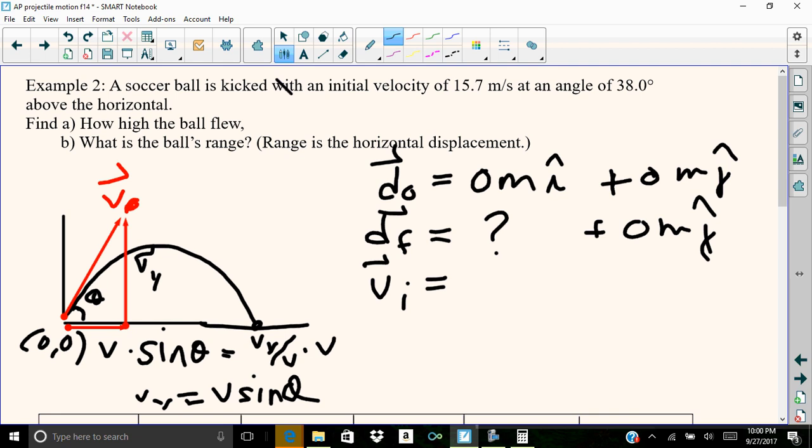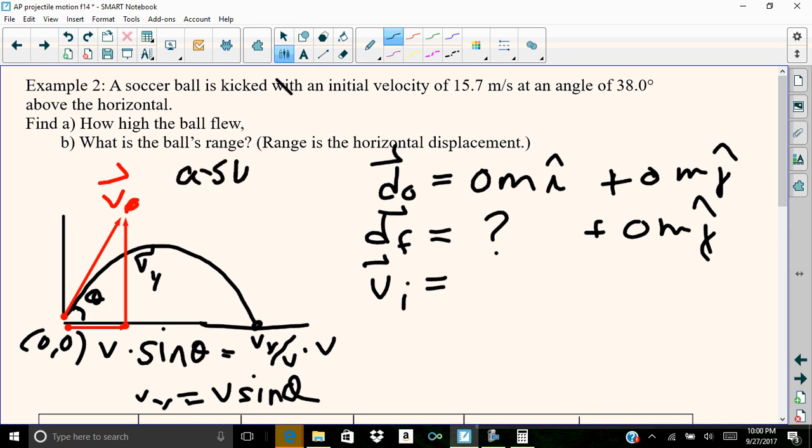Now let's look at the other one. Adjacent over the hypotenuse is cosine theta. So let's write that out.